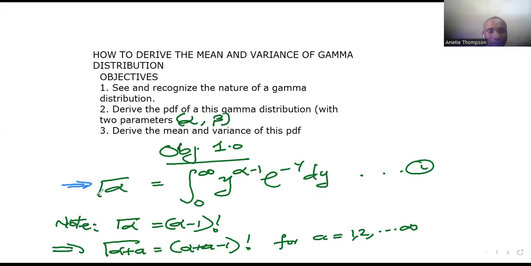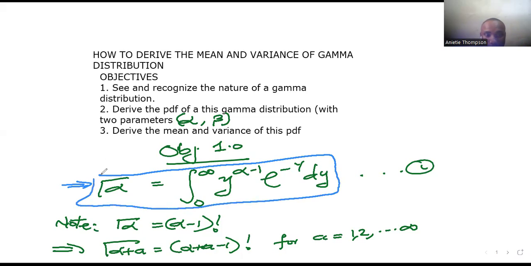The gamma of alpha, I use the Greek alphabet alpha, gamma of alpha is equal to the integral from 0 to infinity. I decide to use y, you can use anything. So y raised to the power of alpha minus 1, exponential minus y, dy, is always known as the gamma function.